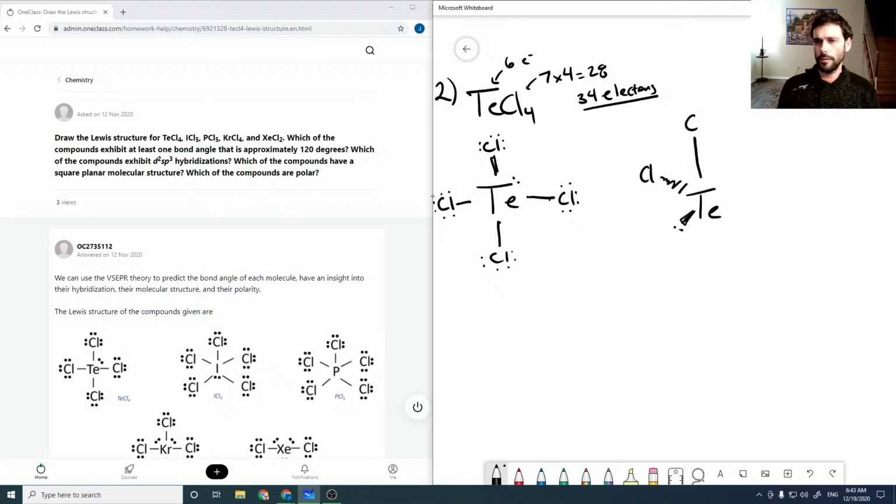And then we got chlorine, chlorine, chlorine, chlorine. All right, so there's our structure, and so this is a seesaw.